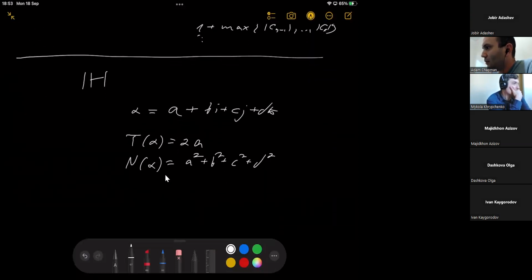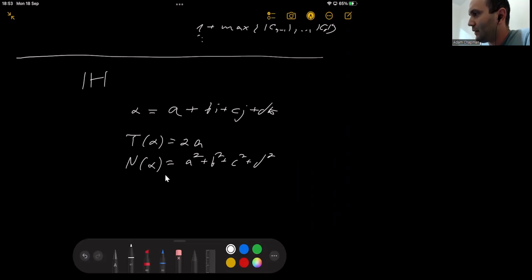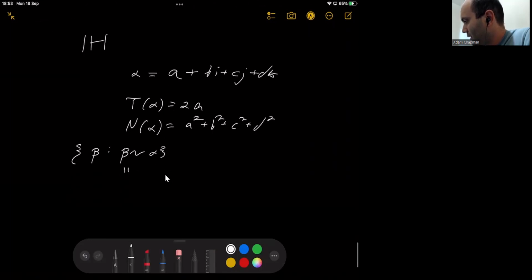Now, when you look for all the elements quadratically equivalent to alpha, so you're looking for the set of all betas such that beta is equivalent to alpha, what you get is the set of all elements of the same trace.